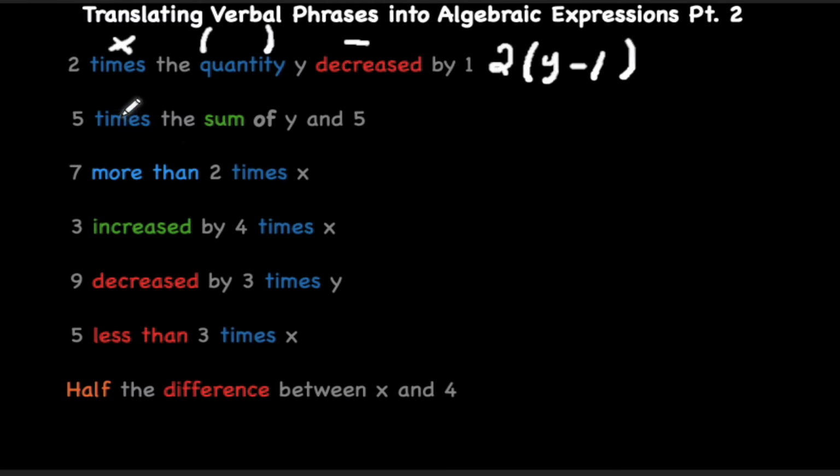All right, so what about 5 times the sum of y and 5? So we have times here, we have plus here, and then we have this phrase, the sum of. Try to think of it as this. When you see the sum of or the difference of, something like that, use parentheses, okay?